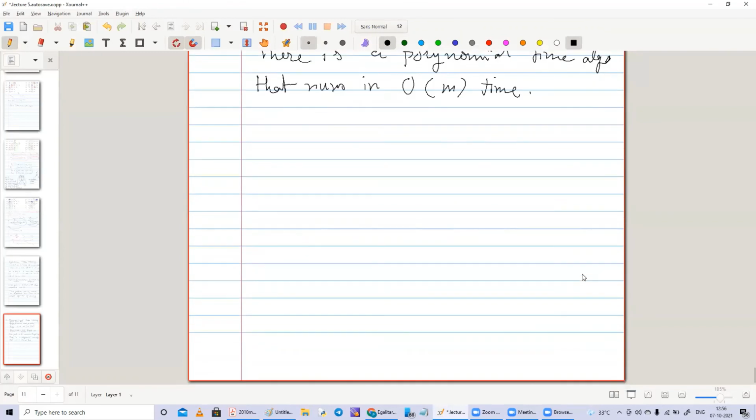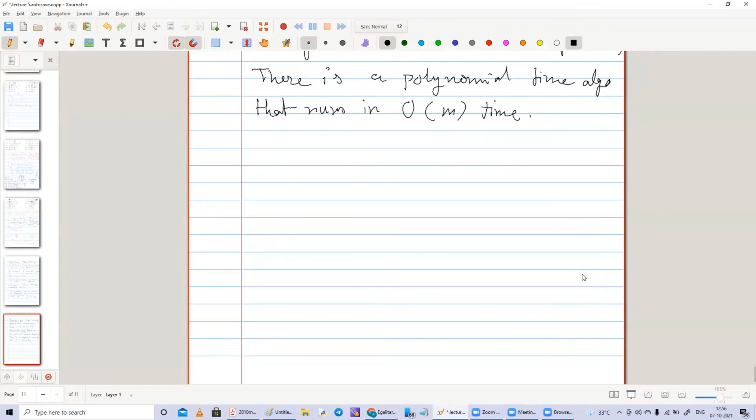Okay. So the next one is called sex equal stable matching. This is a little bit different. What we are going to do here is we compute a delta value for each matching.